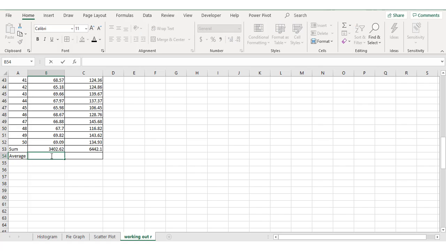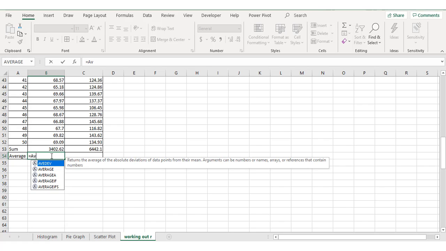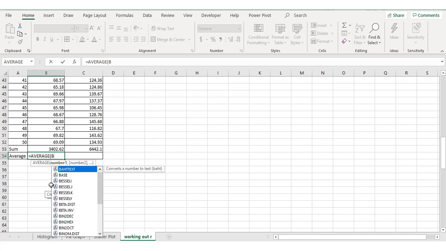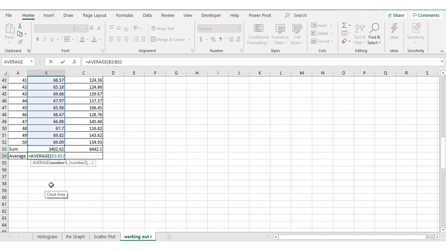For the average of height, we put the equal sign, then type average. It's here. The data is still from B3 to B52. Enter.